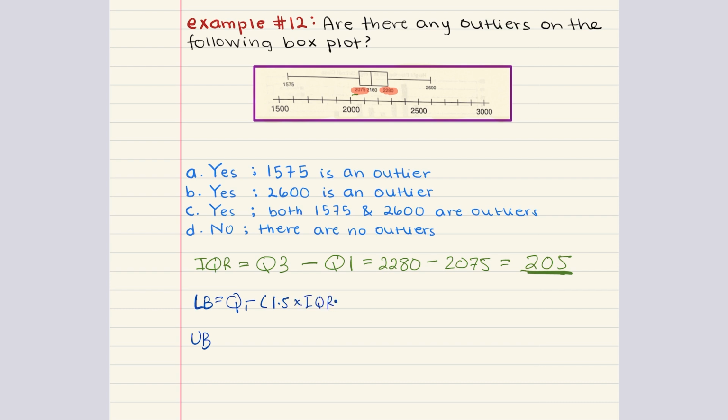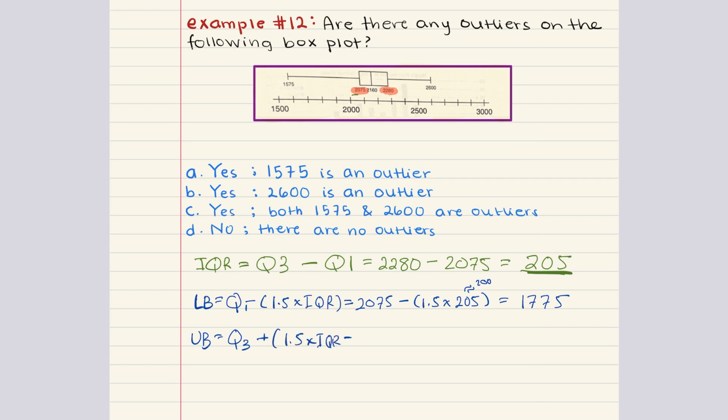So this is equal to 2,075 minus 1.5 multiplied by 205. I'm going to approximate this to 200. 200 multiplied by 1.5 is 300. 2,075 minus 300 is equal to 1,775.